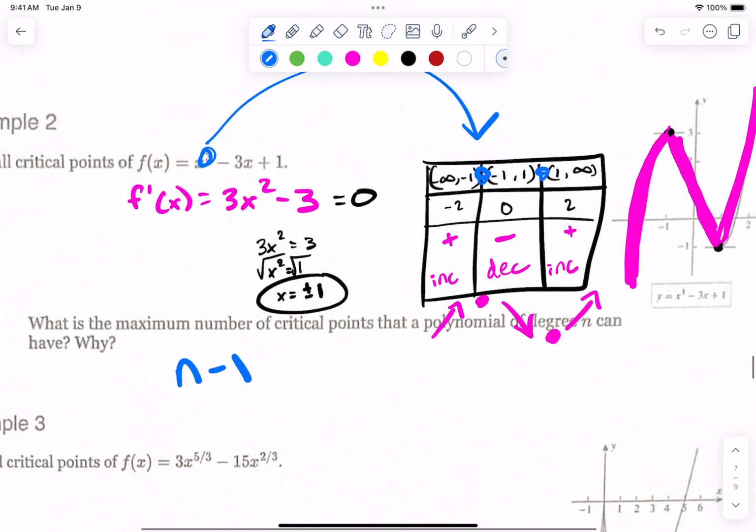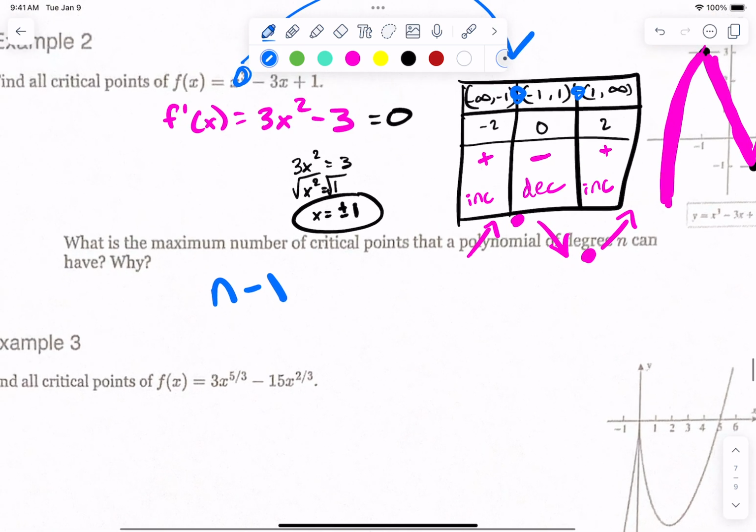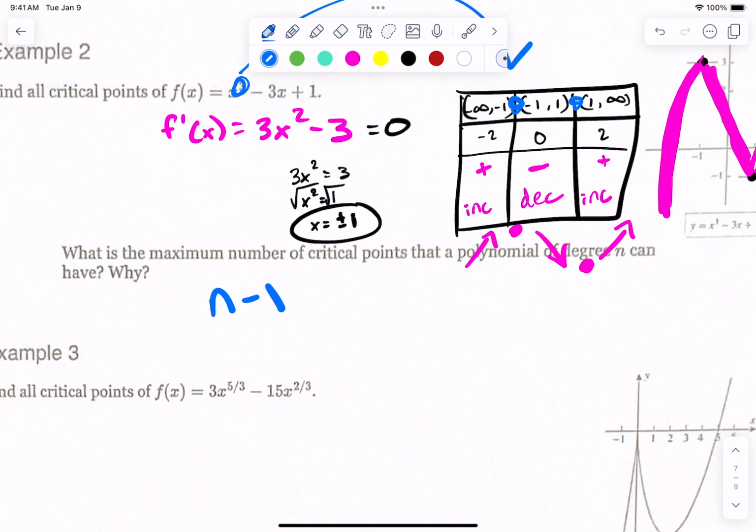It's hard. He can have at most 2 changes in direction. He can only have 2 places where he changes direction. Because the critical numbers need to have two sides.